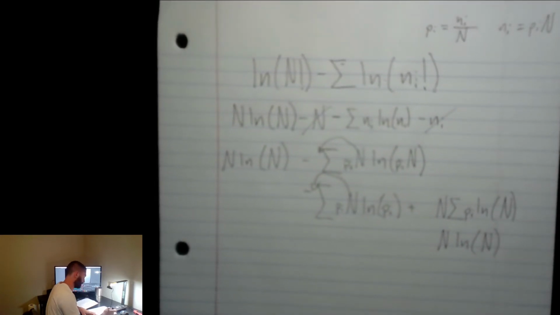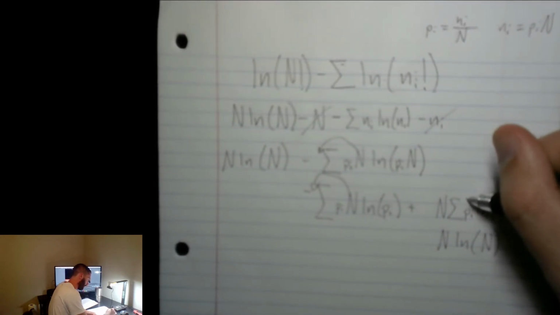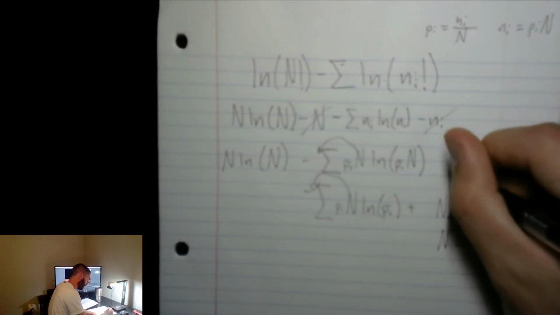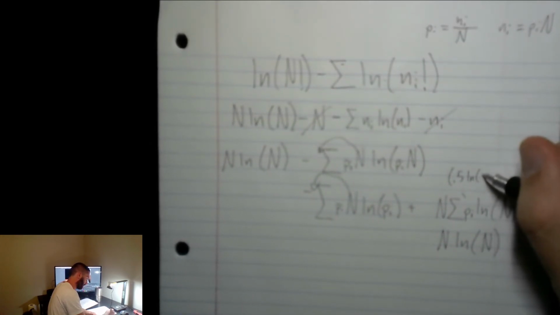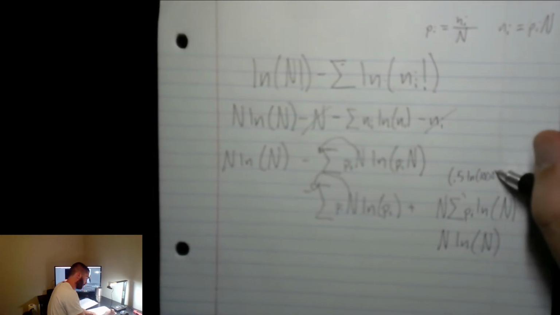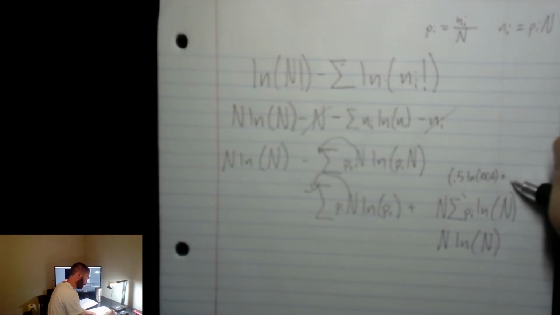And just as an example to show that, one of the examples I talked about was if the groups were split in two, with 500 students in each of the two groups. That could be shown in this summation as a probability of 0.5 times the natural log of our total number of students, which is still going to be 1,000. And since we have two groups, we'll have a second part of the summation with our other probability being 0.5 times the natural log of 1,000.